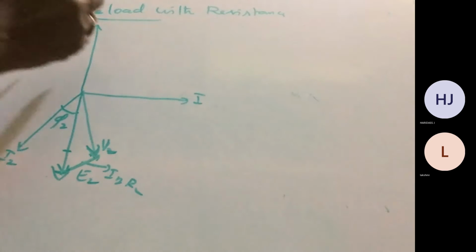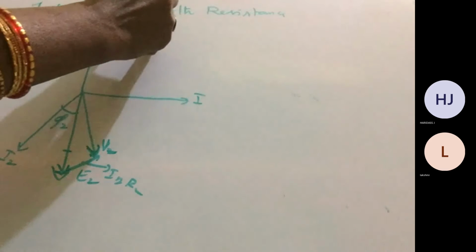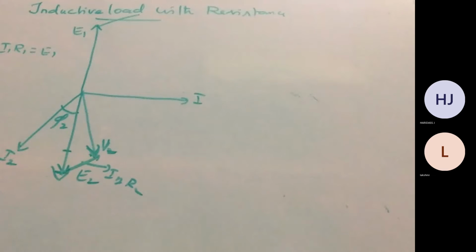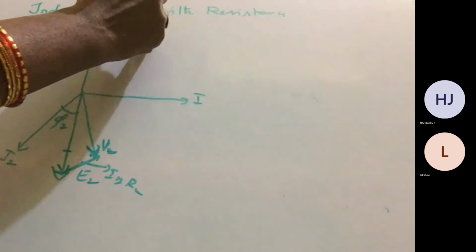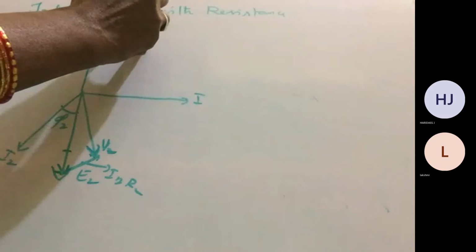The magnitude of E2 is the same here, but E1 will be in the opposite direction, so we take minus E1. Then, in the same direction as before, plus I1 R1 gives the value of V1. It's clear?